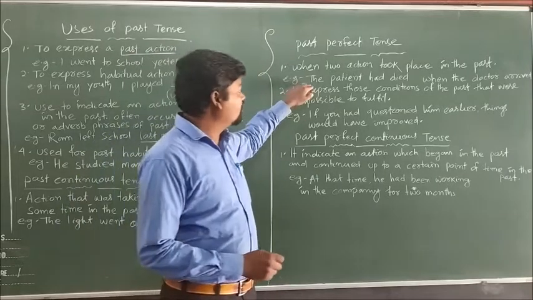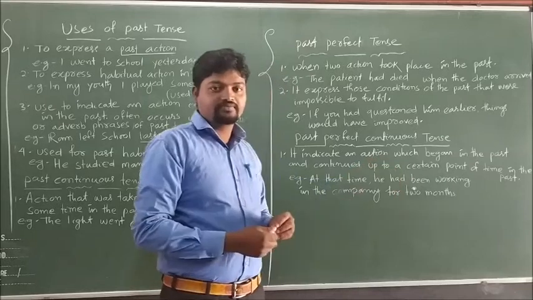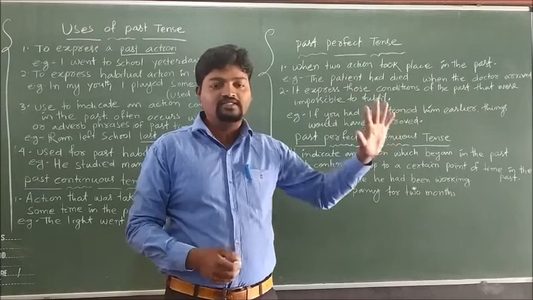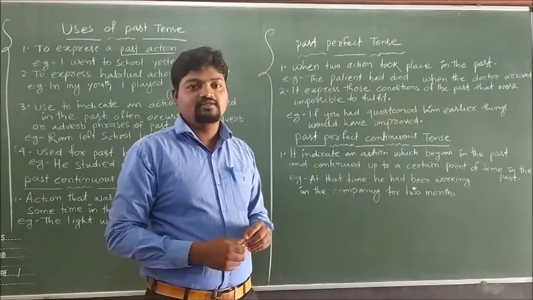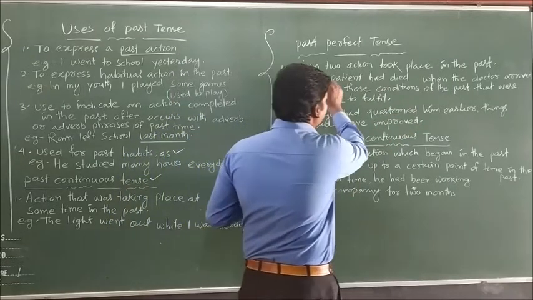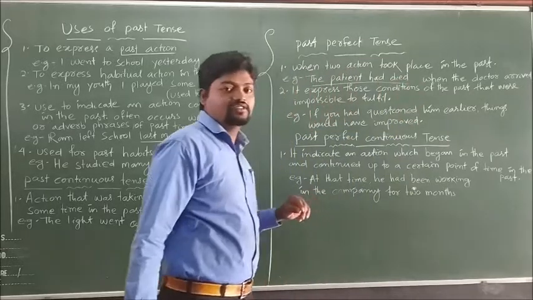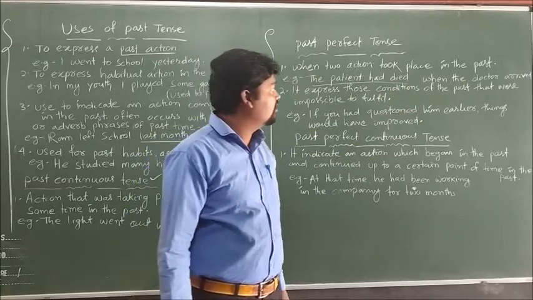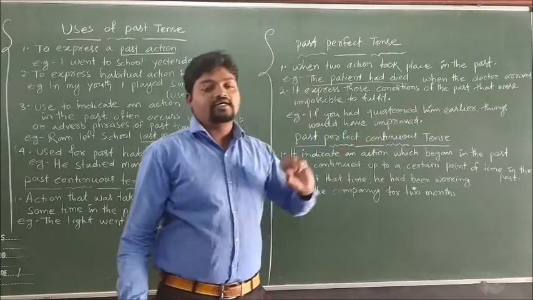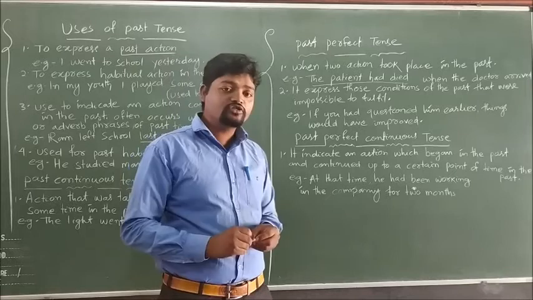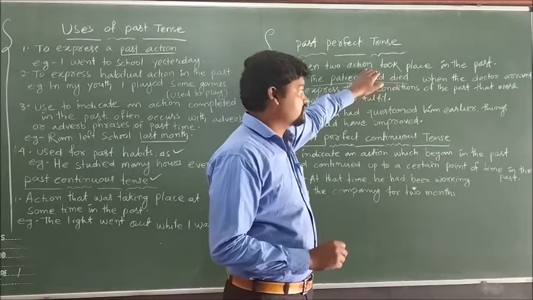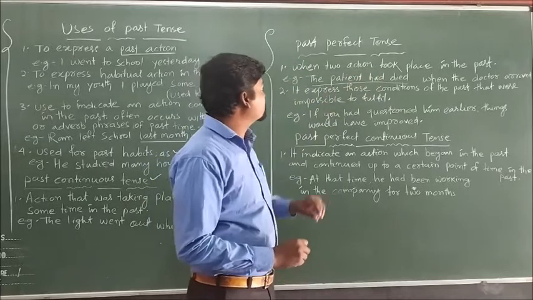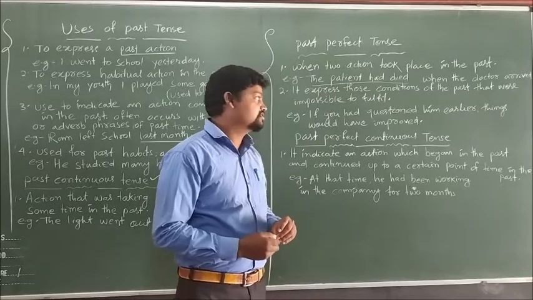So, as the doctor came, at that moment before that, the patient had died. So, here one action has been completed, isn't it? The patient had died when the doctor arrived. So, when two actions take place in the past, we use past perfect tense.